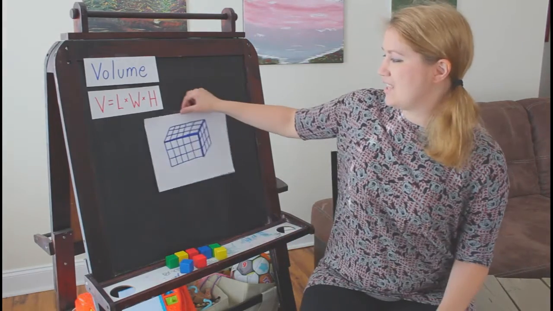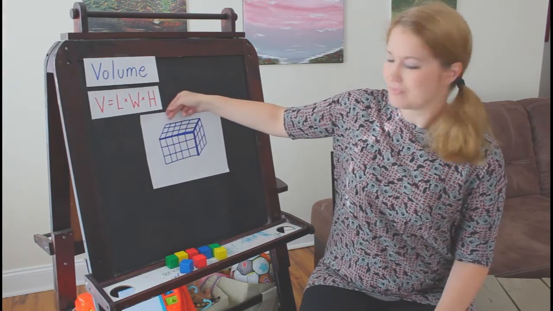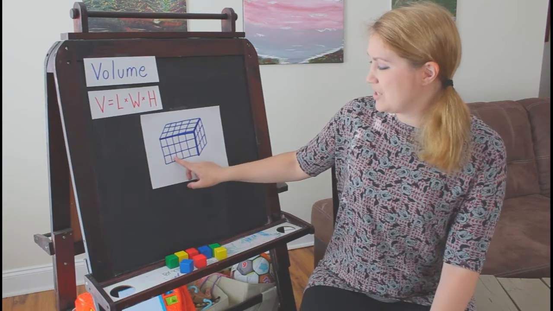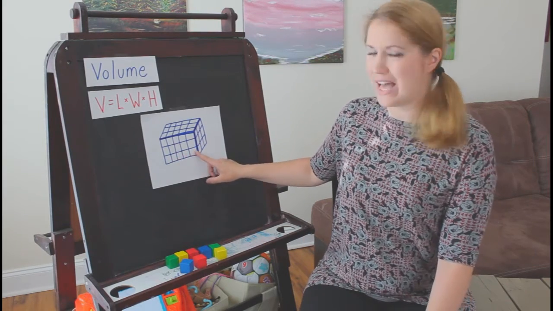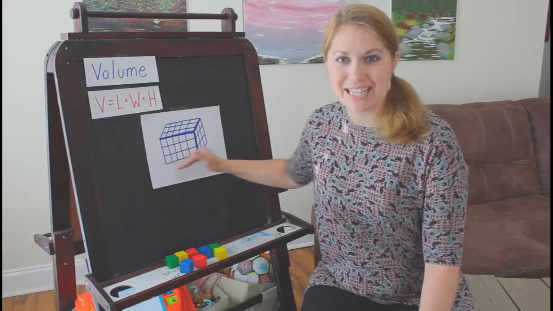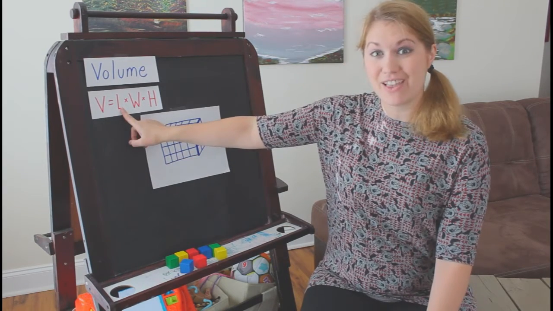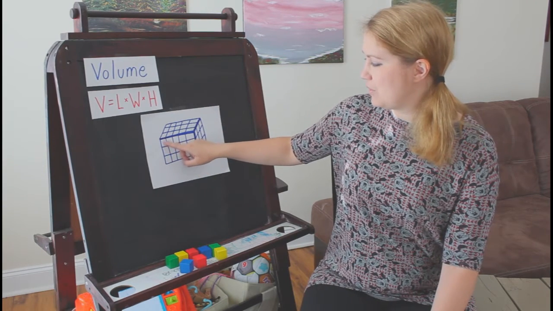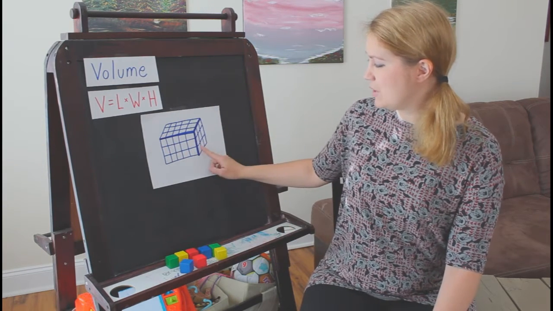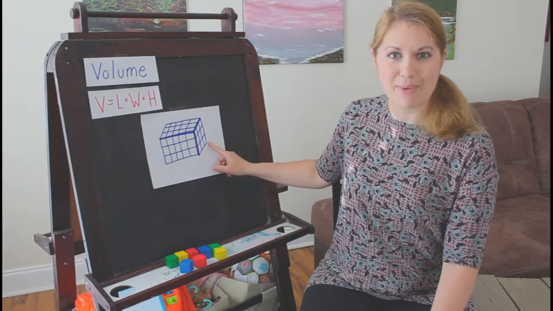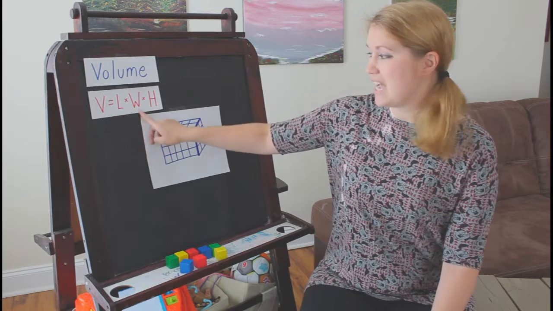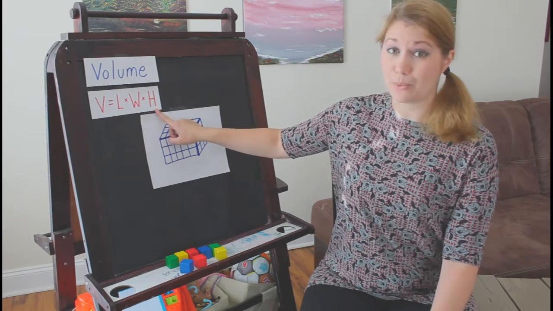Let's try the second one in your book. All right, let's count this one together. 1, 2, 3, 4, 5. Okay, our length in this one is going to be 5. Now, how tall is it? 1, 2, 3. And how wide is it? 1, 2, 3. Oh, the same height and width. So we're going to have 5 times 3 times 3.